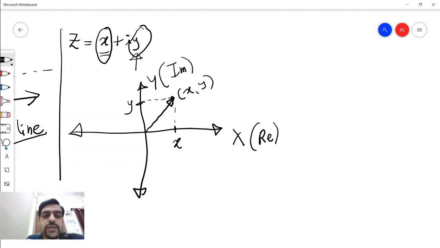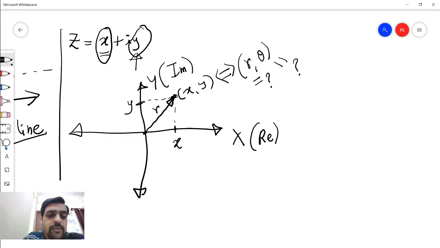from origin to that point xy, and we can express this point uniquely in another equivalent form, which will be r and theta. What is r? It is the distance between the origin and the point xy. What is theta? It is the angle measured with respect to the x-axis in an anti-clockwise manner.